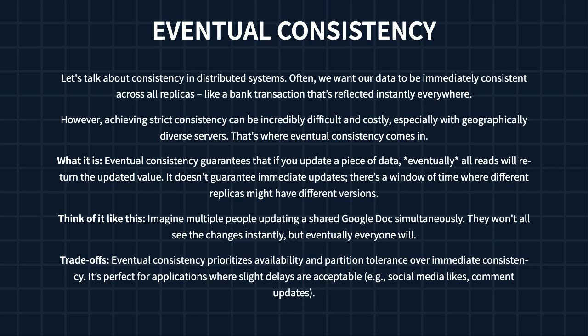Eventual consistency says that if you update something, it will eventually become consistent across all the copies. Think of it like a shared Google Doc. Everyone might be editing at different times, but eventually everyone sees the same thing. It's great for things where small delays aren't a big deal, because it lets us build systems that are super reliable and can handle lots of users, even if it takes a little while for everything to catch up.